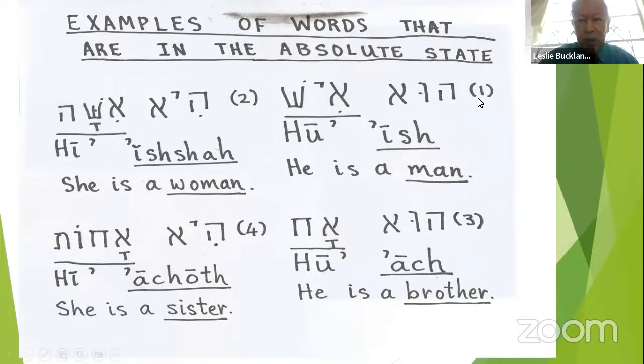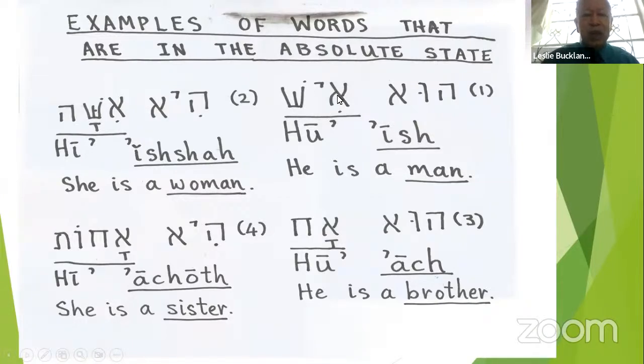Let me start with number one over here on the right. Hu is a personal pronoun that means he. And ish is a noun that means a man. So hu ish is he is a man. Now notice that there is nothing else that is added to ish to complete its meaning.